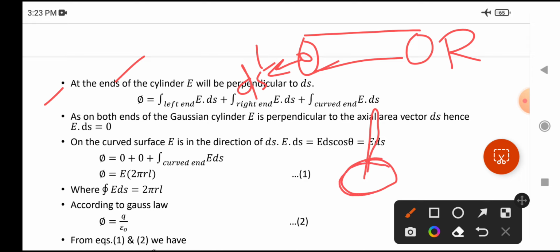Suppose you consider this much area, then you must show it perpendicular to its surface. So dS is in this direction, but the field is like this.